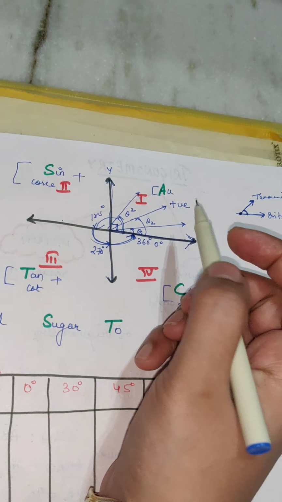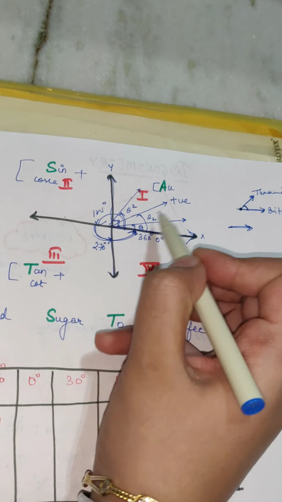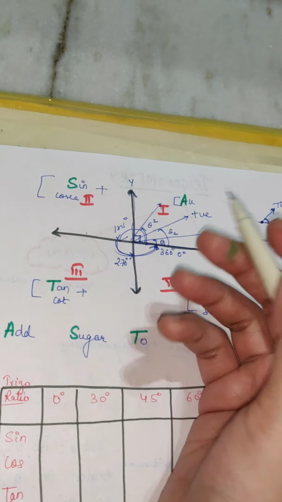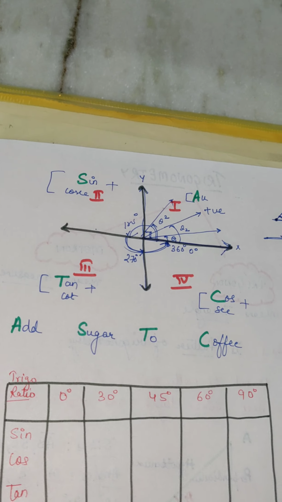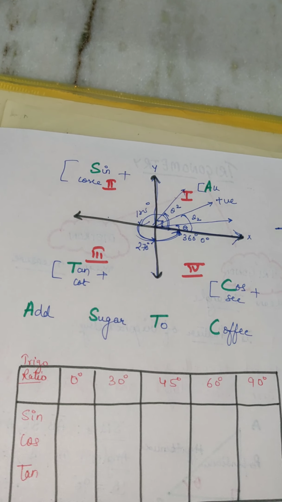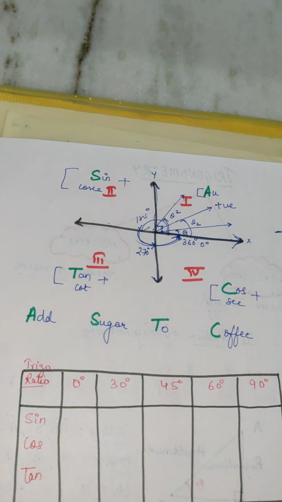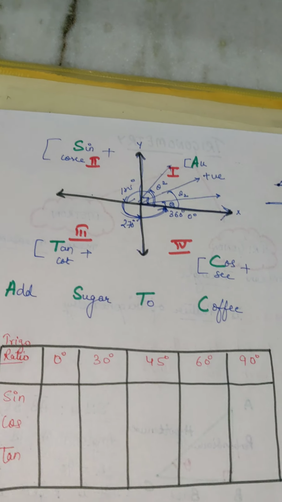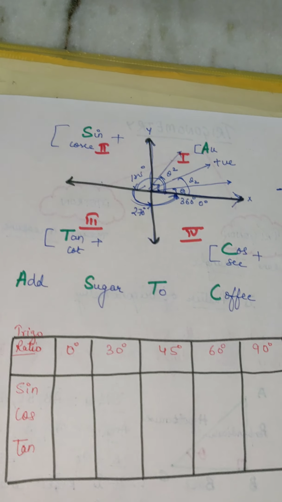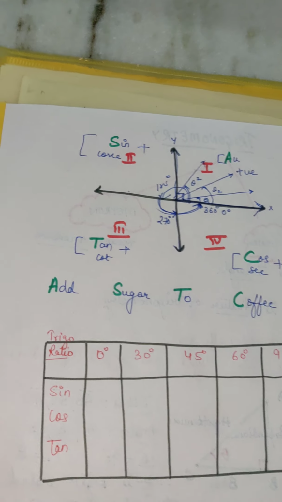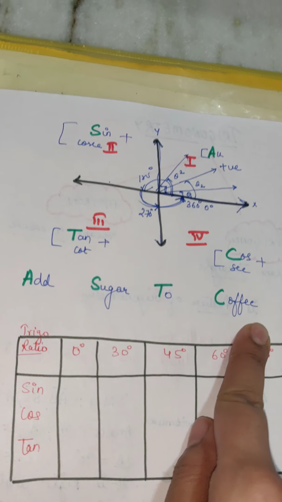Now we got these angles, we can understand how these angles are coming, but how are we going to take out the trigonometric ratios from this? So I have taken a little trick over here. You must remember this trick, so it will be easy for you to calculate, right? So the trick is add sugar to coffee.